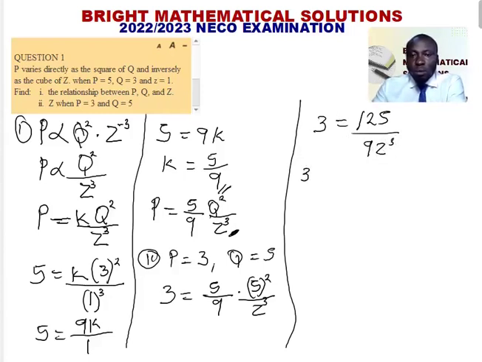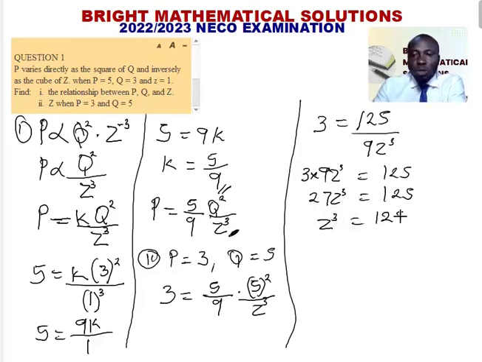So that will be 3 multiplied by 9Z cubed equals 125. So this gives us 27Z cubed equals 125. From here we are solving for Z. So Z cubed becomes 125 divided by 27.